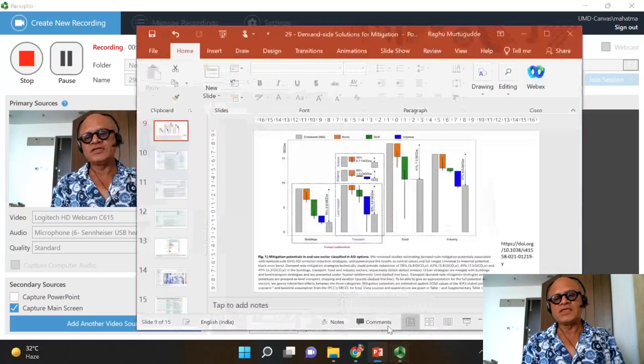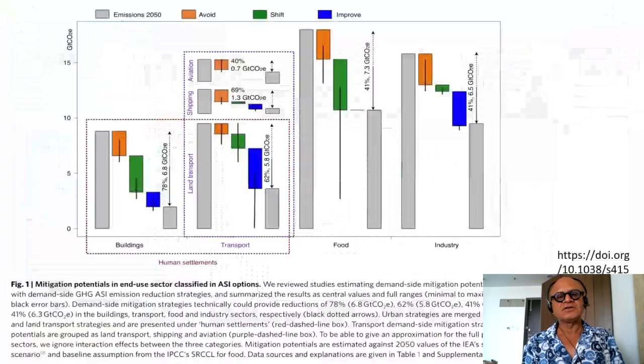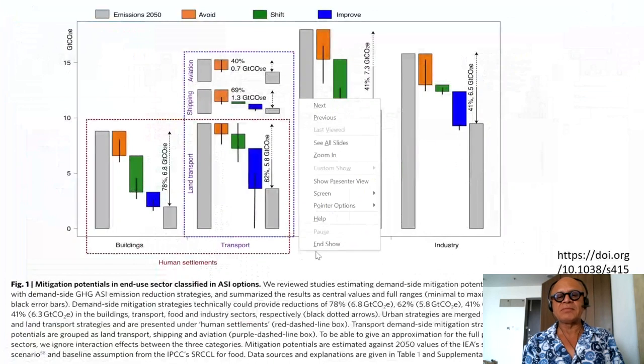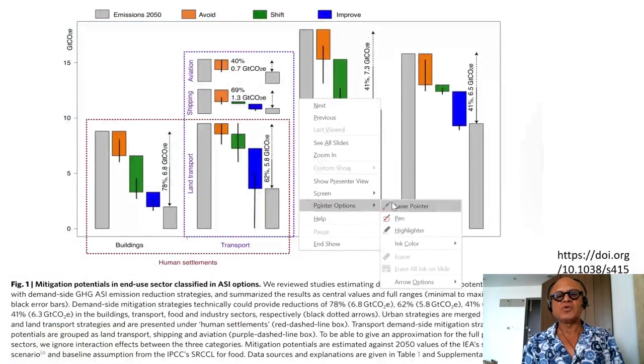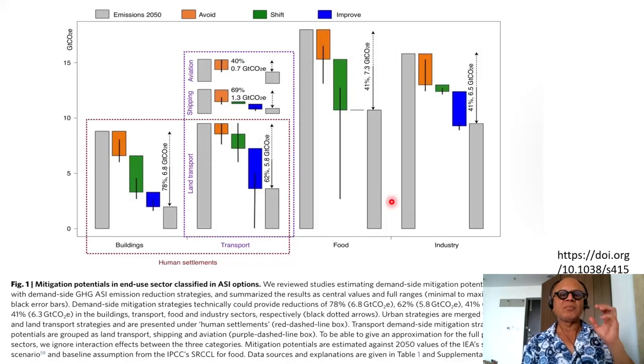Okay, to continue with this idea of demand-side solutions for climate mitigation, in other words, reducing impacts from demand-side solutions where consumers are contributing to mitigation by reducing emissions via their choices, which we talked about a little bit.